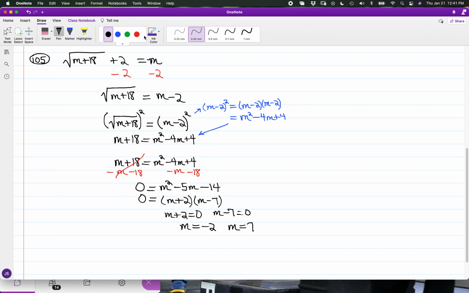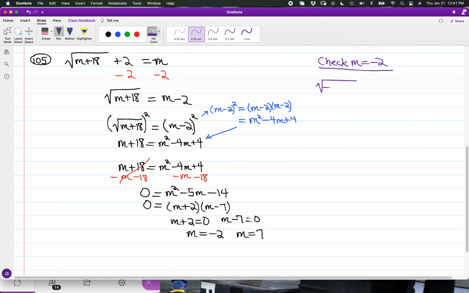And so just looking at m is equal to negative 2. Again, when you're checking, you don't have to write all this out, but to see how well it all fits within the parameters of the original equation. So you had the square root of m plus 18. With m at negative 2, I have the square root of negative 2 plus 18, followed by the addition of 2, is equal to negative 2. Negative 2 plus 18 is 16.